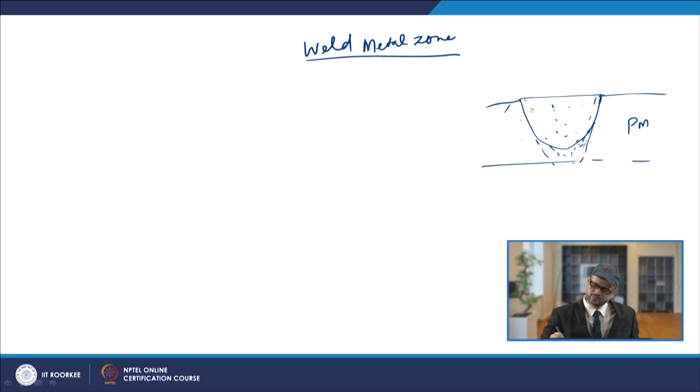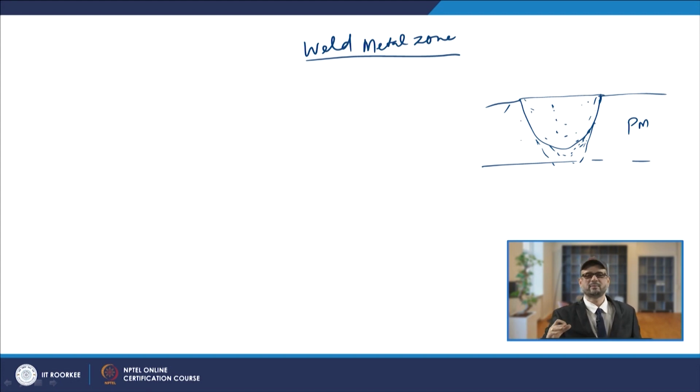We have understood how this growth phenomenon can be explained, because you know that there are two types of growth. One is growth in the crystallographic, easy growth direction, and then you have the growth which is normal to the boundary.